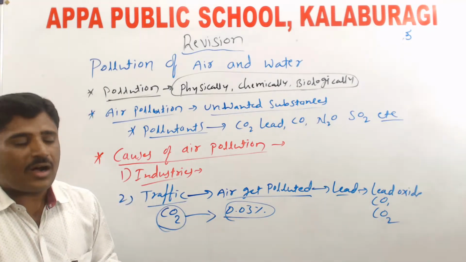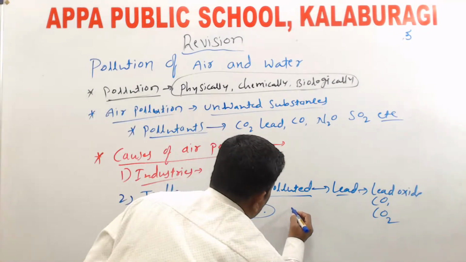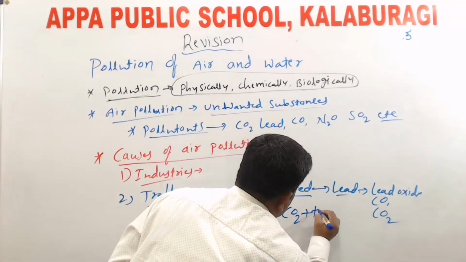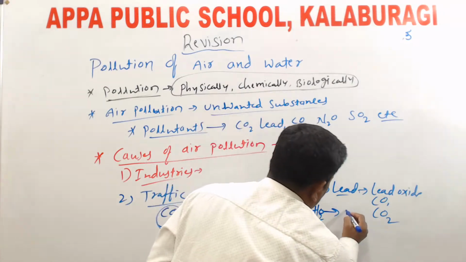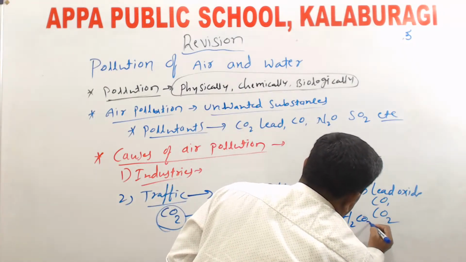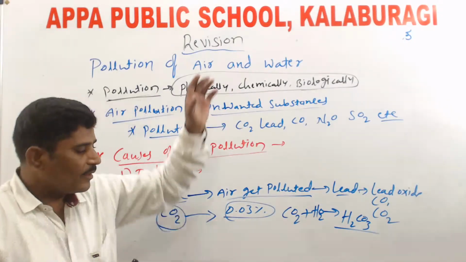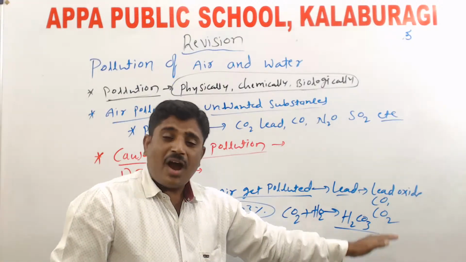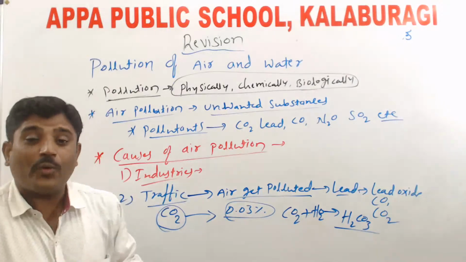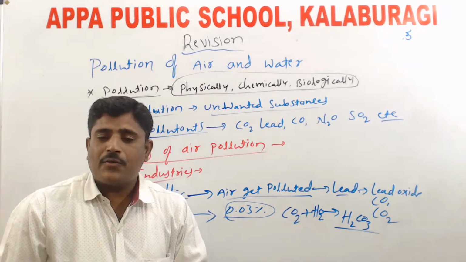How does it affect the environment? Let us see that carbon dioxide. My dear students, if carbon dioxide is mixed with water, what do you get here? H2CO3, carbonic acid. While raining, it will mix with the water and forms what?